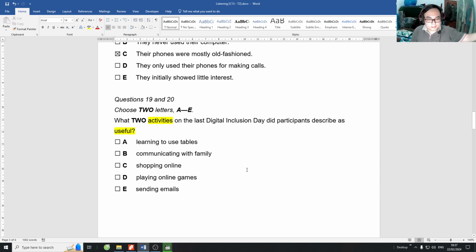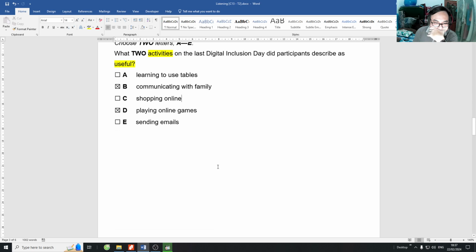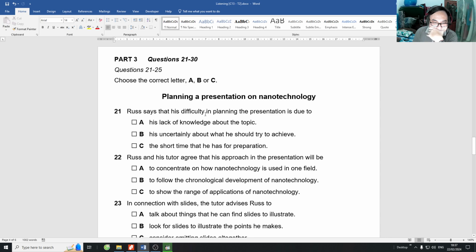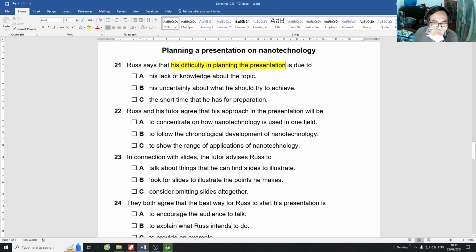That is the end of section 2. You now have half a minute to check your answers. Now turn to section 3. Section 3.